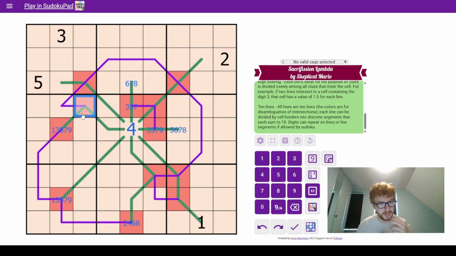7, 9. And that then has to be even because, wait, no, no, that could never be 9.5. Right, because for a 10 line you need at least 2 digits. So the minimum is 2 and the maximum is 4 in a normal 10 line puzzle, but this is not a normal 10 line puzzle. So this can provide a maximum of 4.5.